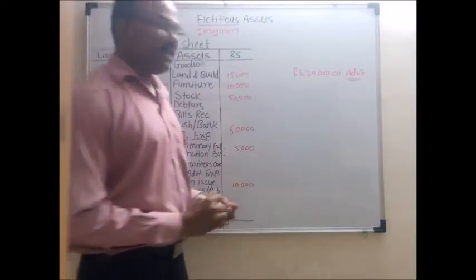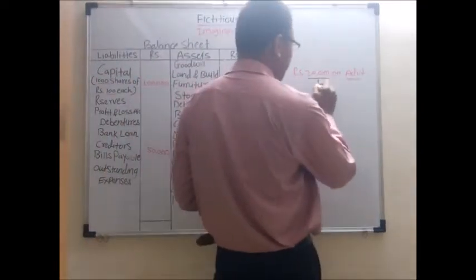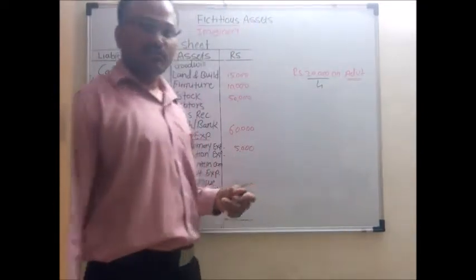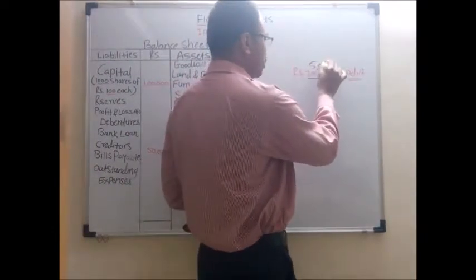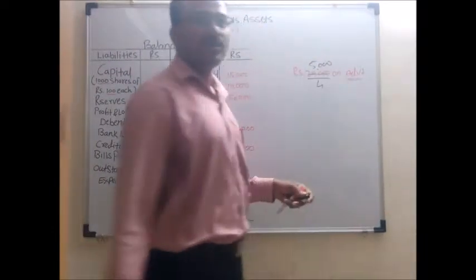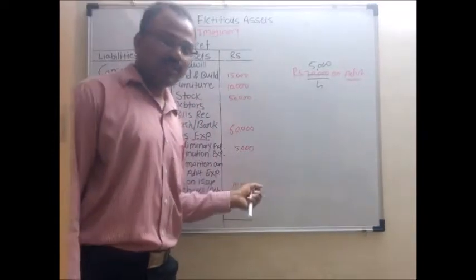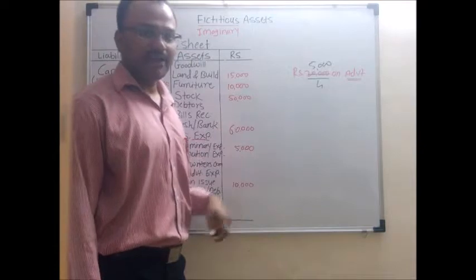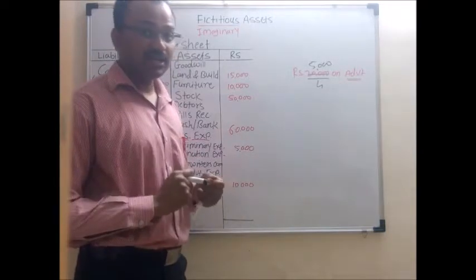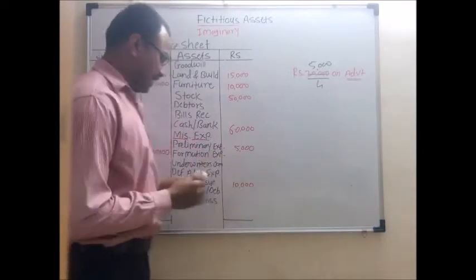It means if I am getting the benefit of this 20,000 for the next 4 years, I will charge rupees 5,000 every year in the profit and loss account, and every year the balance of that advertisement expenditure will get reduced in the balance sheet.